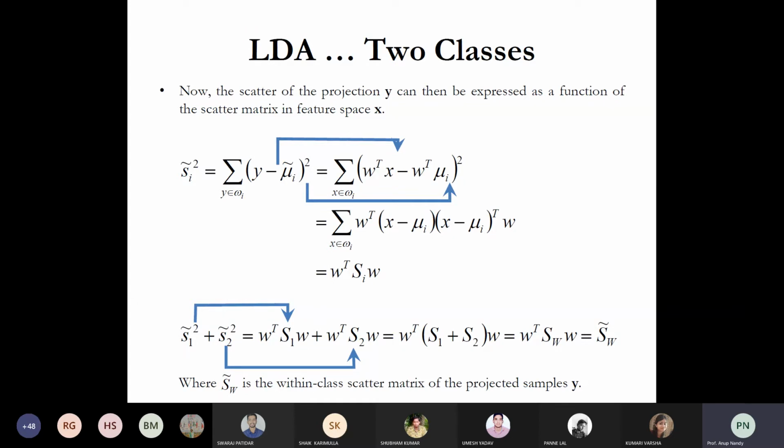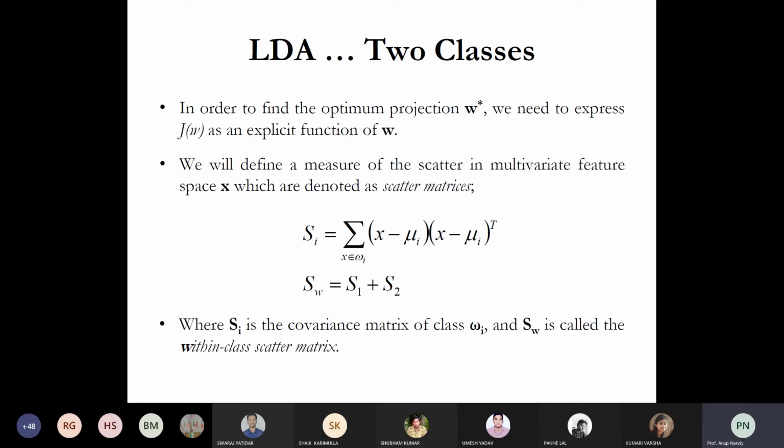Next is S1 square plus S2 square, that is W transpose S1 W plus W transpose S2 W. Now you take out the common term W transpose, then you have S1 plus S2 into W. S1 plus S2 you have already computed as SW.